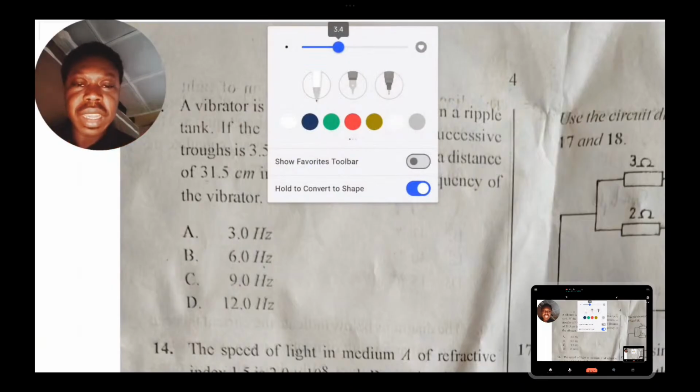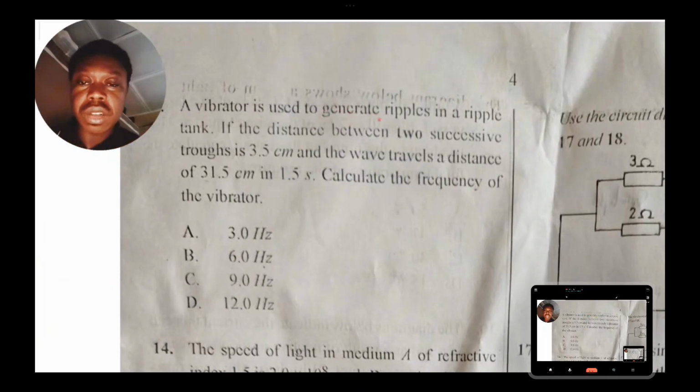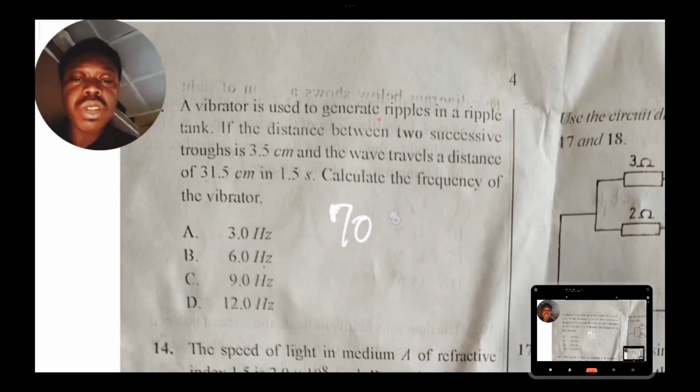If you observe in our previous episode, the first day, I told you that close to 70% of your questions will come from SS2 work. You can see proof of that in this particular question from last year, and you can check previous years' questions.